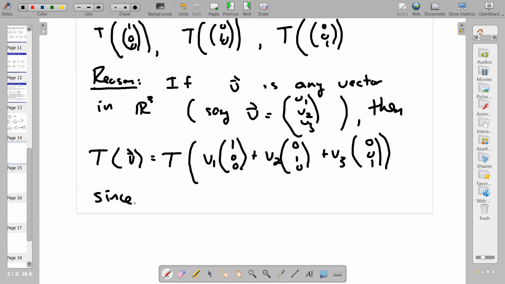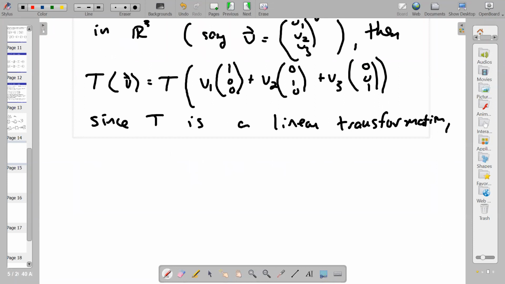Since T is a linear transformation, you can take what's inside T, the input, and T sort of splits everything up. So remember that the linear transformation of the sum of vectors is the sum of the linear transformation evaluated on the vectors. Also, you can pull out scalars like the ones that you're seeing here, the V1, the V2, and the V3.